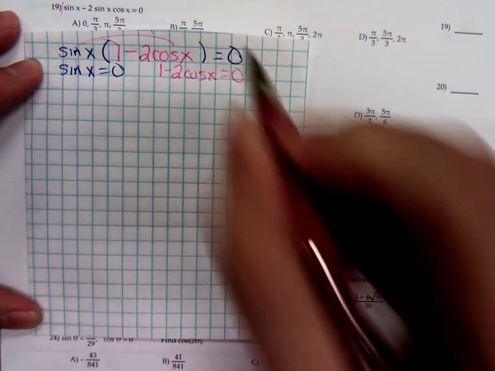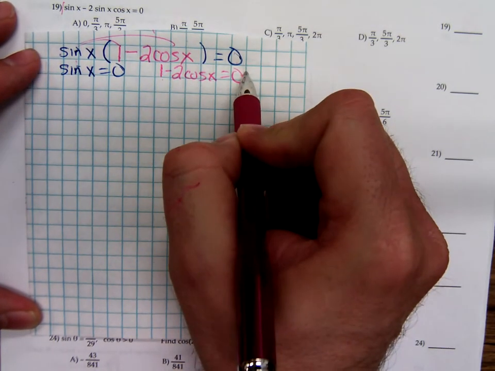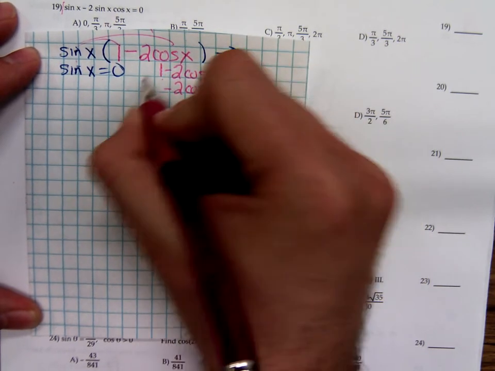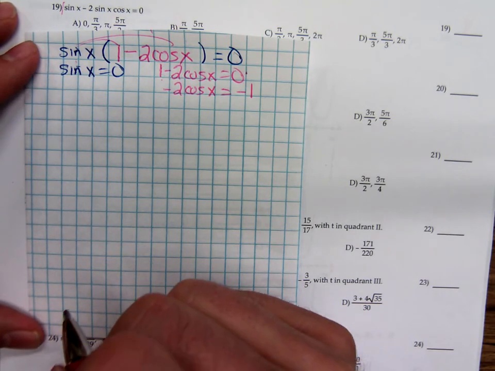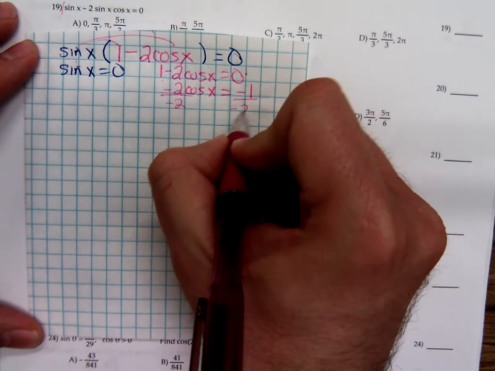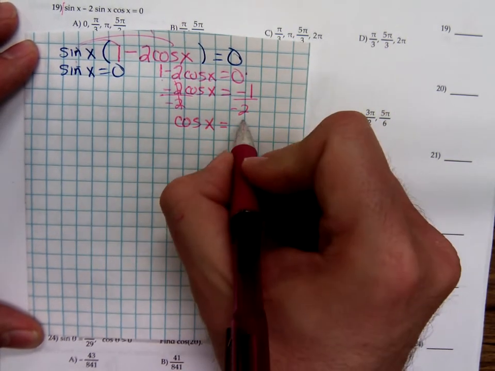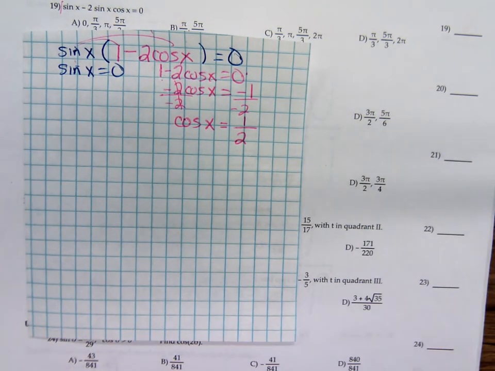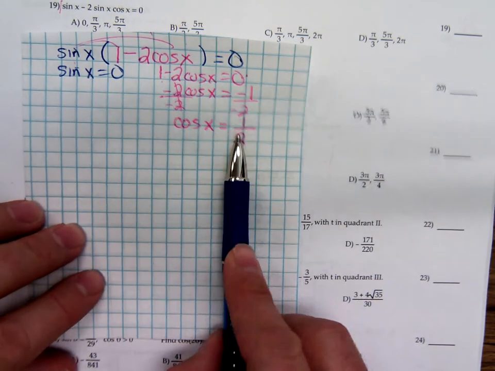So let's see. Move the 1 over to get a negative 1, and then divide both sides by negative 2. So cosine x is 1 over 2. So you're looking at the unit circle. Where does sine x equal 0? Where's cosine x 1 over 2?